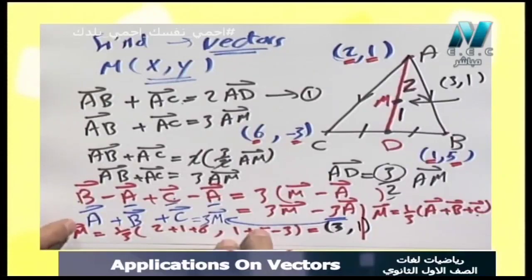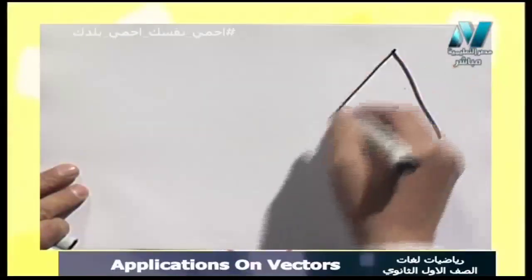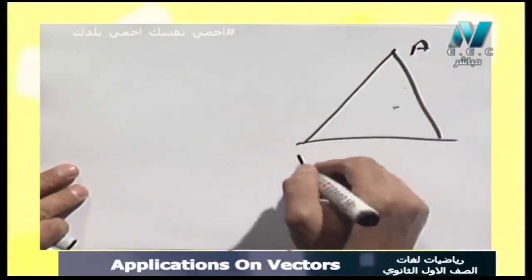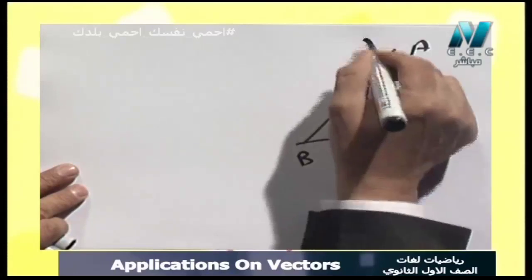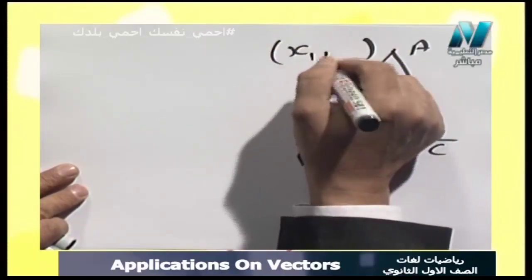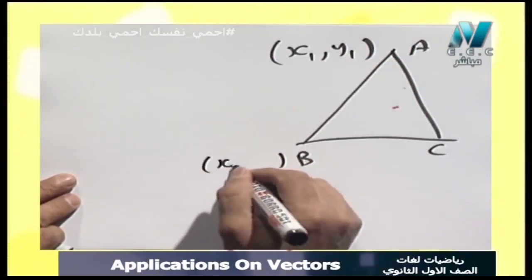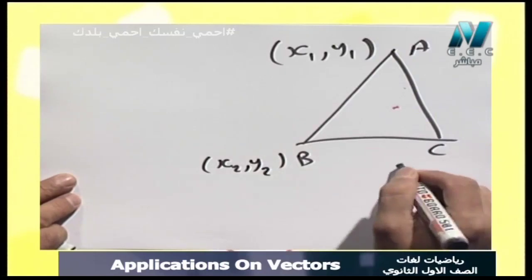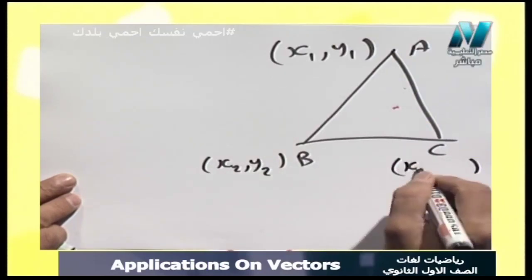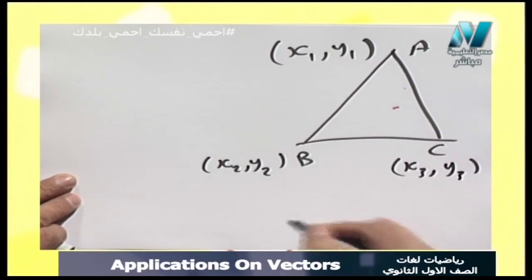Okay, let's make a brief for this one. My dear students, it's a long question, but we can make it easier by this rule. So concentrate with me. If we have a triangle ABC here, and A has x1 and y1 coordinates, B is x2 and y2 coordinates, C is x3 and y3 coordinates.